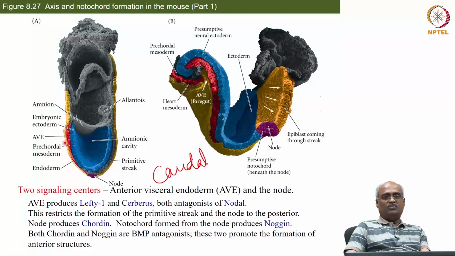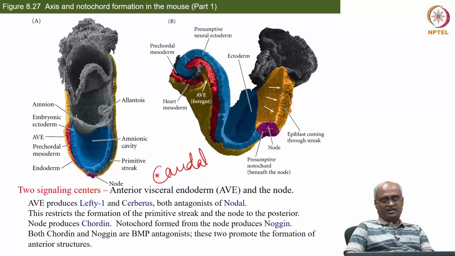And what they do, they actually are antagonists of the BMP signaling. So BMP gets restricted to the posterior, and so chordin and noggin are important for the head structures to form, okay, including the neural tube.